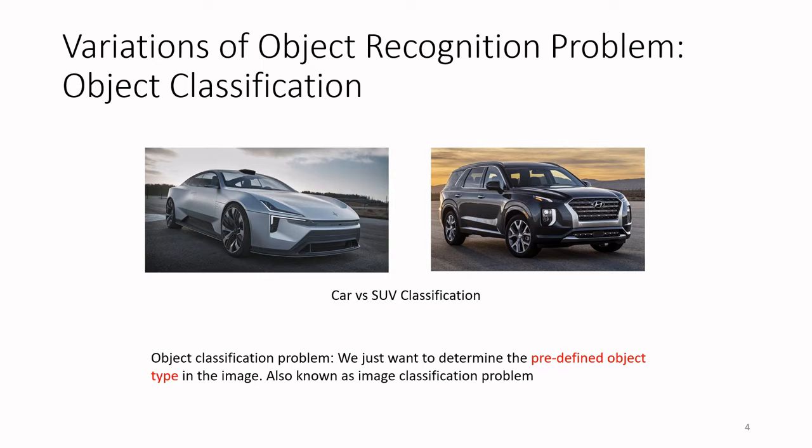As an example, look at a system that accepts an input picture and is supposed to come back with an answer whether the input picture contains a car or a sports utility vehicle, or SUV. So we have two predefined categories, car and SUV, and the system looks at an image and comes back with an answer whether it has a car or SUV. It will classify the image as a car image or as an SUV image. So that's the simplest form of the object recognition problem, known as the image or object classification problem.